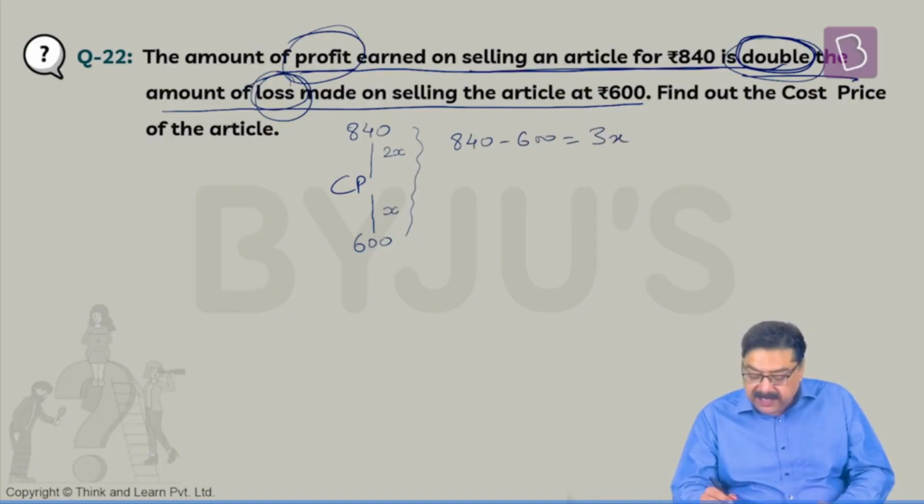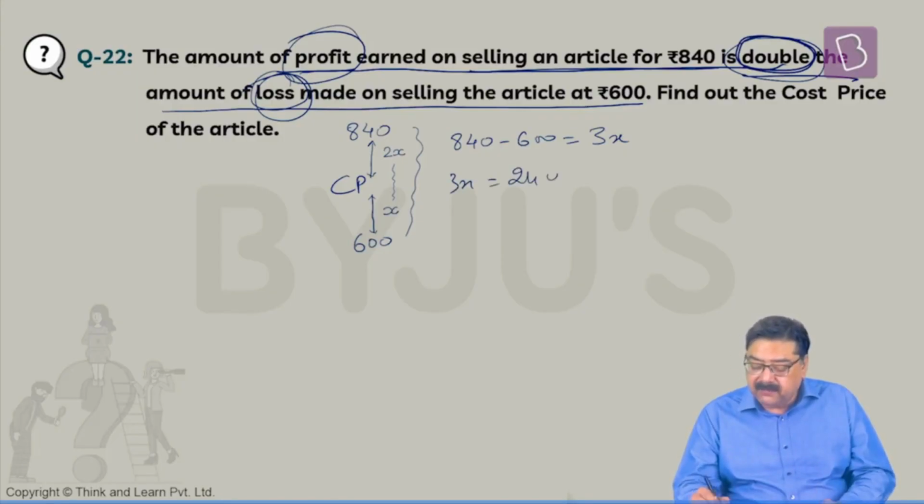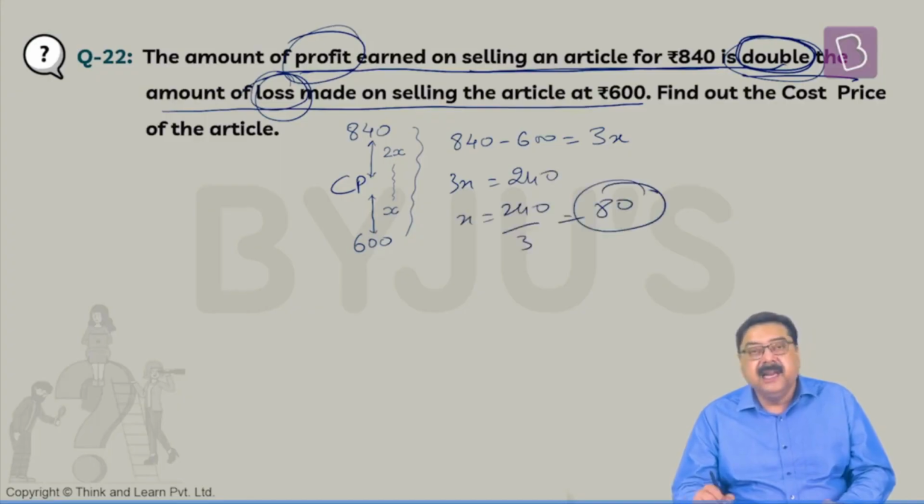See, the difference between 840 and 600 is 2x and x. 2x from 840 to CP and x from CP to 600. So total 3x is the difference between 840 and 600, which means 3x equals 240, which means x equals 240 by 3, that is rupees 80.